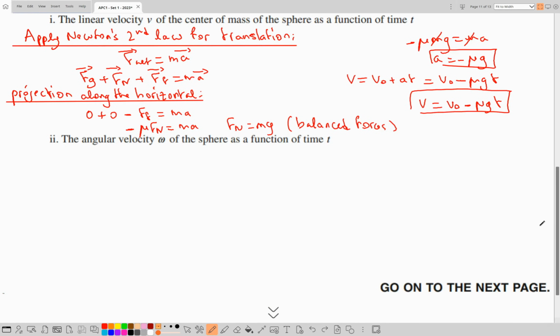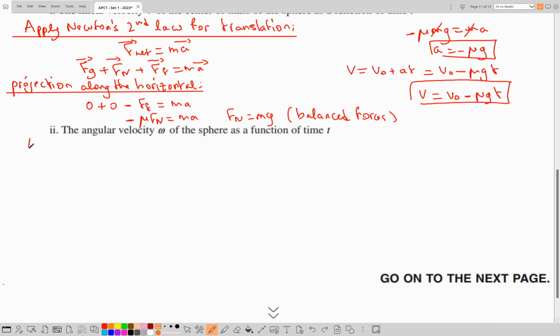Then let me apply Newton's second law for rotation, and here it is important for us to state about which point: about the center.